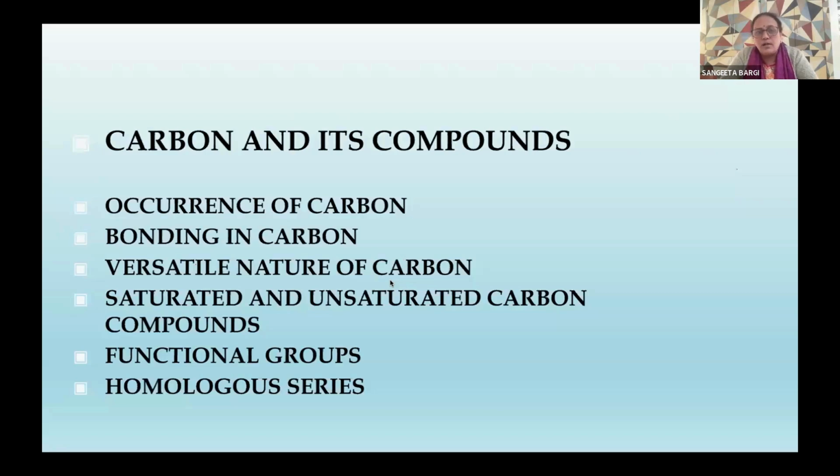So prepare accordingly, make tables, and then try to prepare. I was not able to include that table over here, but you can prepare a table for the name of the compound, the molecular formula, the structural formula, and the electron dot structure. Then the same with the functional groups, different functional groups, and of course, a number of questions can be asked on the homologous series.